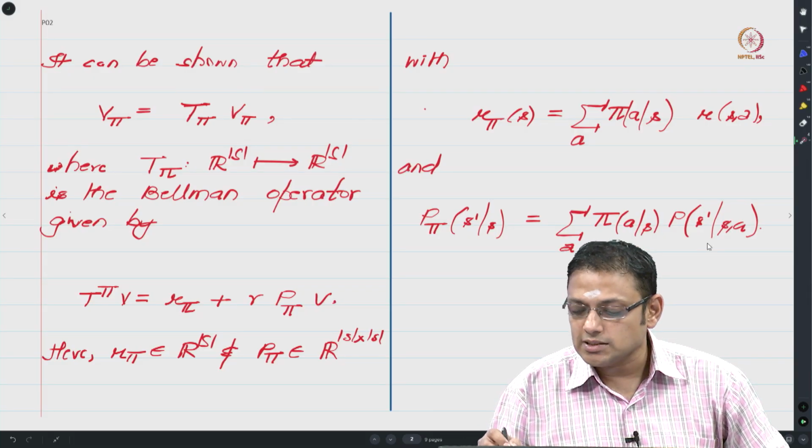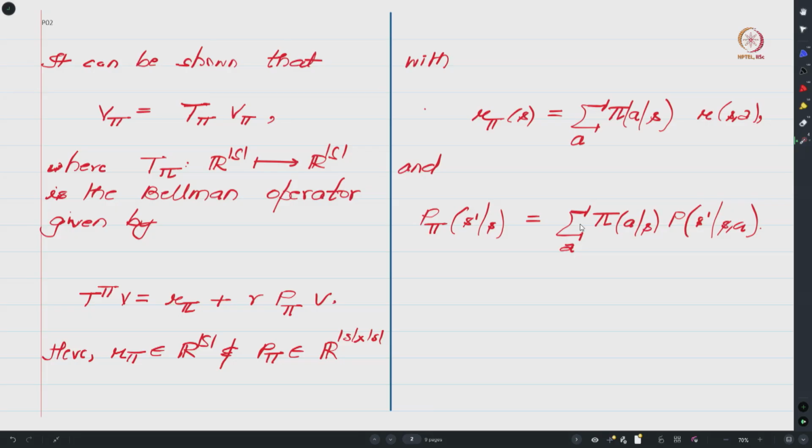The way you compute this is you start at S, you ask what is the probability that you will pick action A according to the current policy pi, and then once you pick an action A, you check with the MDP what is the probability under the transition kernel that starting from state S and taking action A you reach S prime. Then you find all possible ways of starting from S and going to S prime by picking different actions, and this is what is P pi of S prime given S.